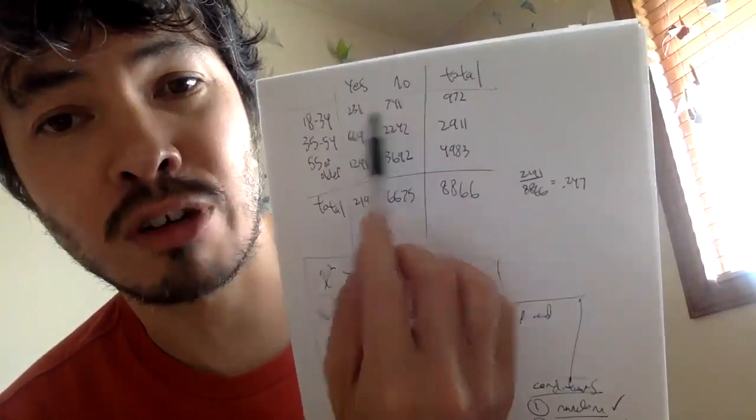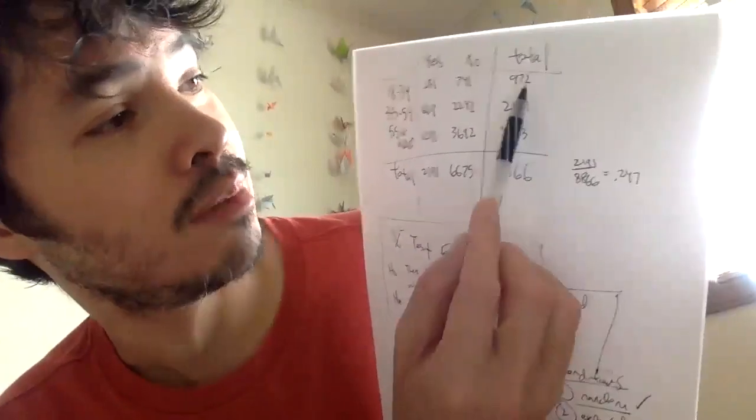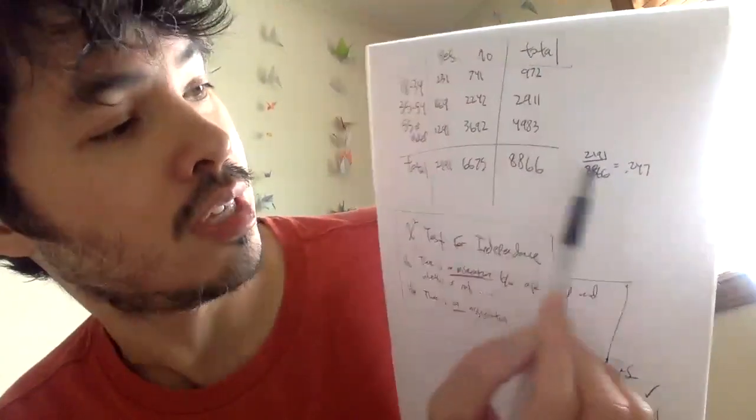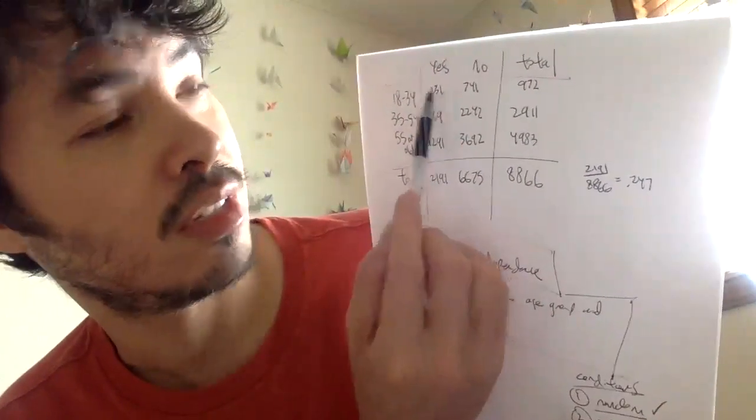So for your expecteds, you're going to multiply this 972 total by that 0.247 for the yes. So for the 972 18 to 34-year-olds, what's 0.247 of that? And that's 240.084.